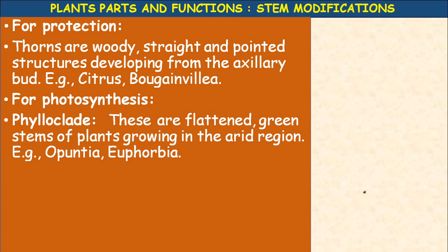Example, Opuntia, Euphorbia. And even cylindrical also it may be. Example, Casuarina. Flattened example, Opuntia. Cylindrical example, Casuarina. The stem is a flattened, green, fleshy structure which helps in performing the photosynthetic function of leaves. This is called a phylloclade.